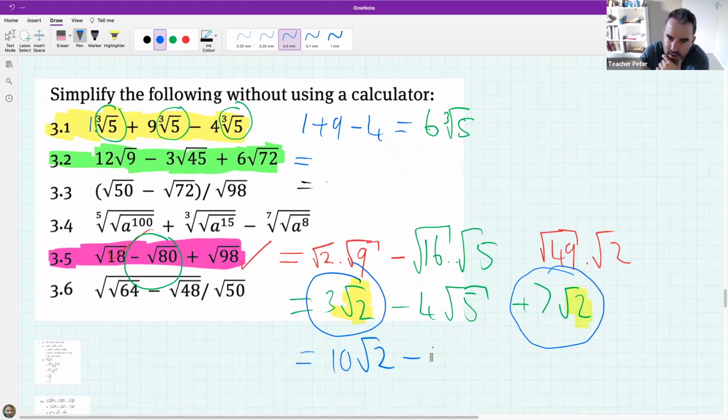And here we will have minus 4 root 5. We can't really break these down any further than the prime numbers. And so that is it. You would just get down to that point. So it's a little bit like exponents where you use the prime bases. Here you're using the prime surds to help you.